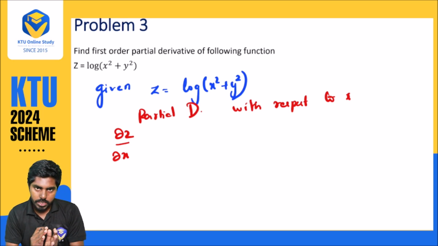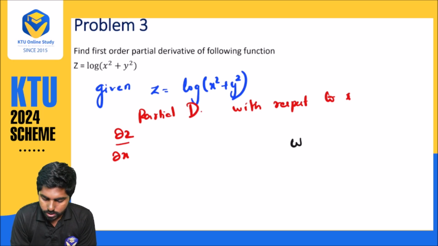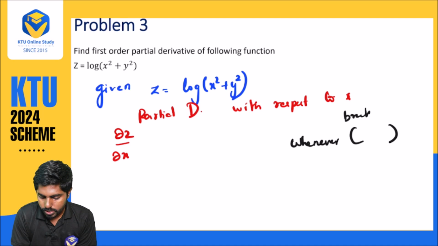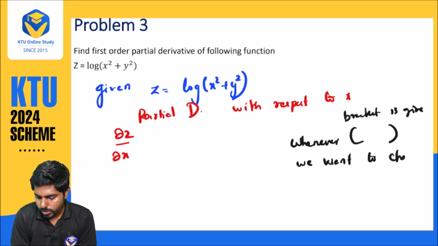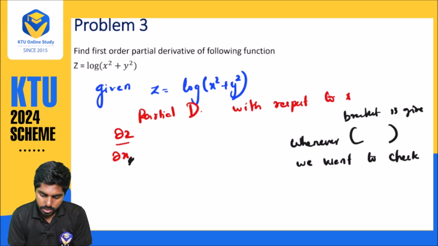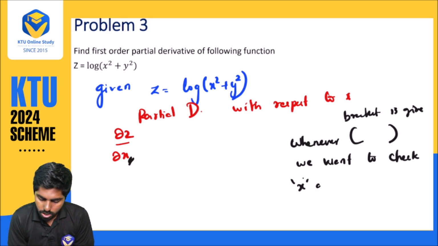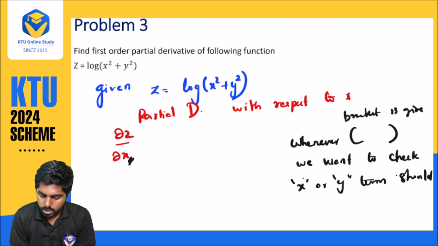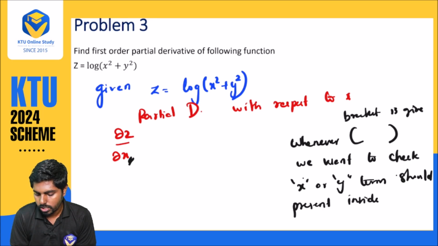See, here they have mentioned a bracket. So whenever a bracket is given, we want to check whether the term we are differentiating with respect to, that is the x or y term, is present inside the brackets or not.